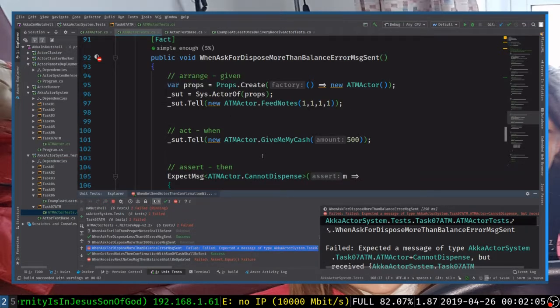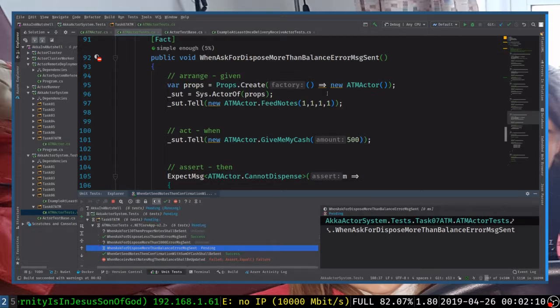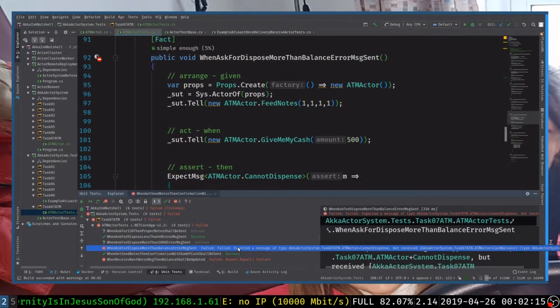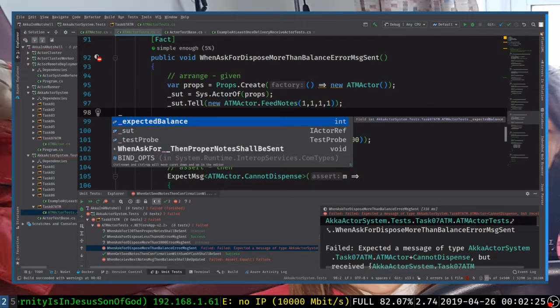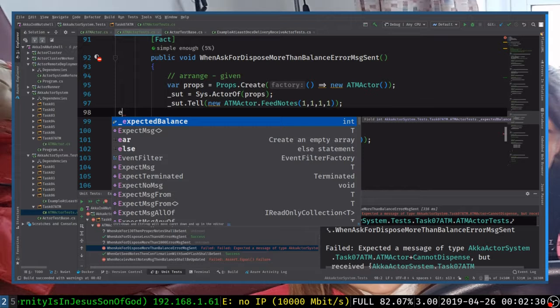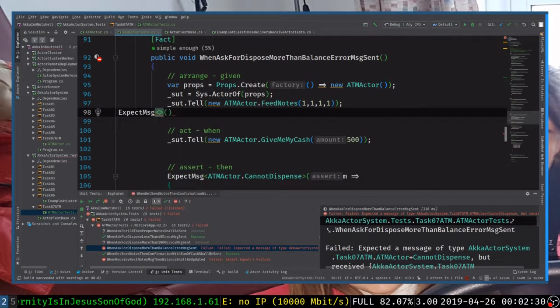That's very interesting. Oh, that's fine. We get cash balance, so in this particular case, we need to have expect message cash balance.